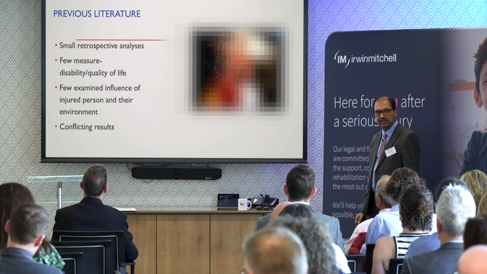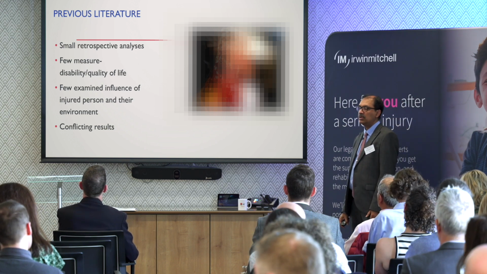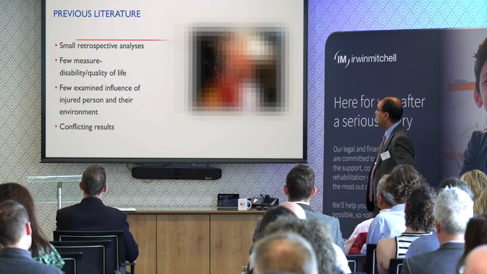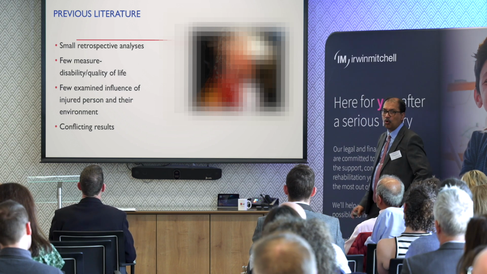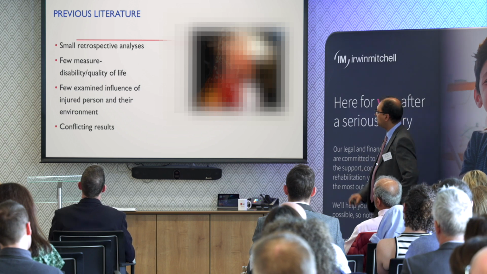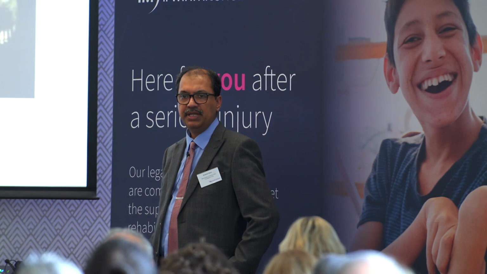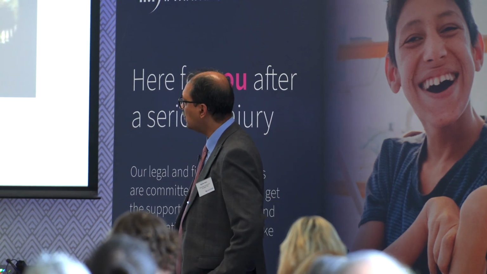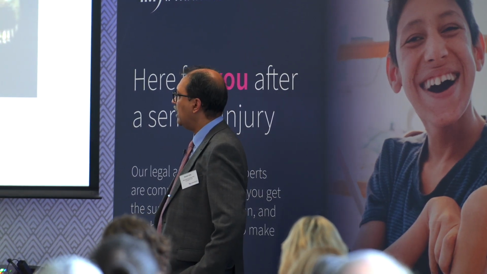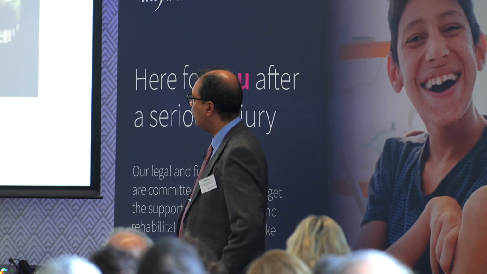There is some literature from about the 1950s. There are a number of publications, but they are all, as I told you, retrospective study analyses. They measured the disability, quality of life, and influence on the injured person and the environment.